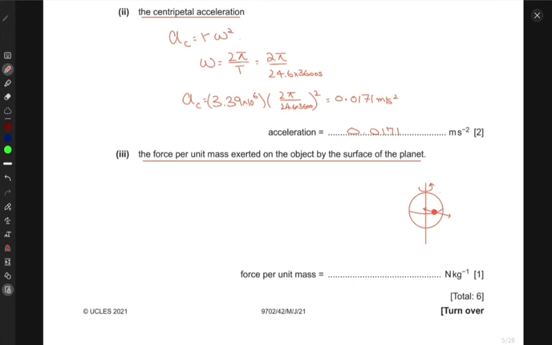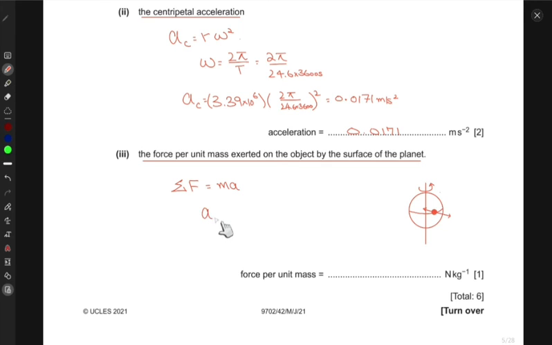Now we know that the sum or resultant force from Newton's second law is F equals ma, where a is just any acceleration, not centripetal, not gravitational. It is just any generalized acceleration. Now we want to compute the net acceleration on this system.